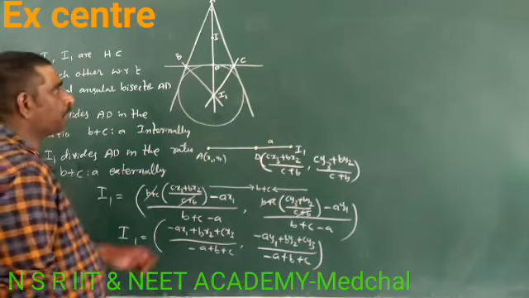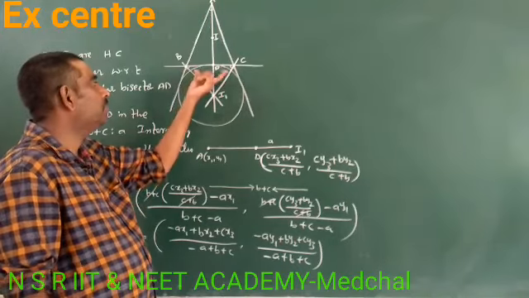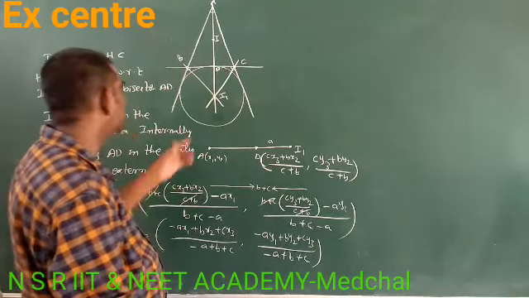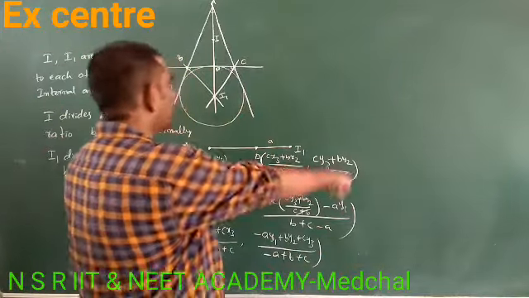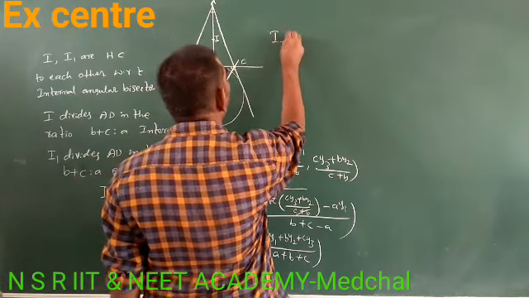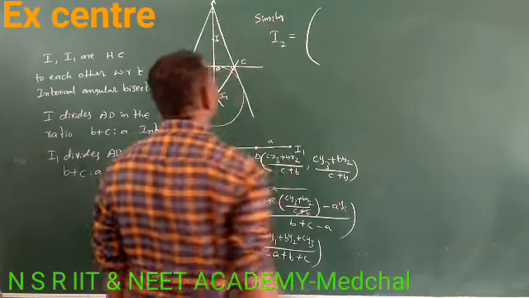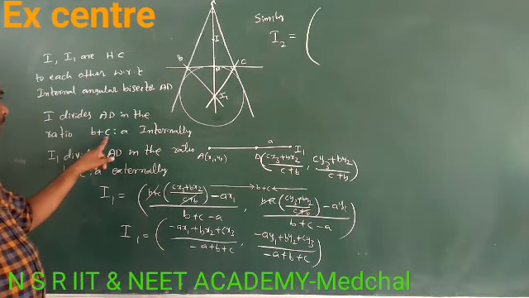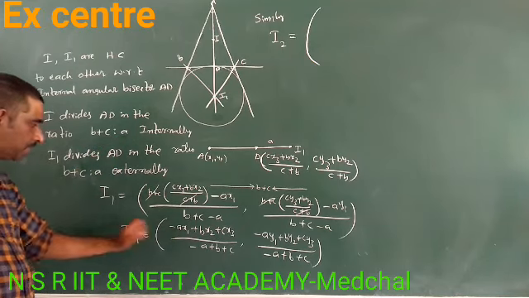So this is the excenter of side BC, where B and C are the external angular bisectors. In every triangle we have 3 excenters, and this is the first excenter. In the first excenter the ratio is B plus C is to A, so A carries the minus sign.